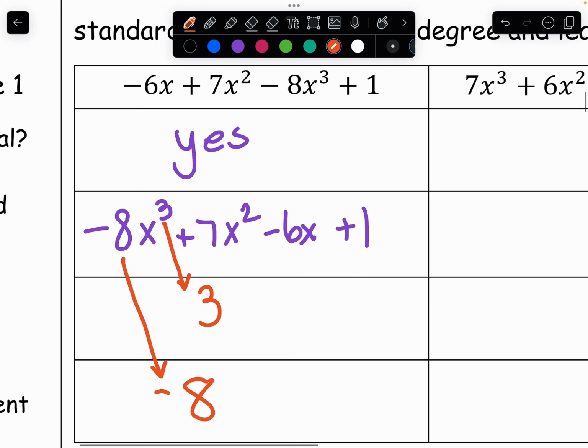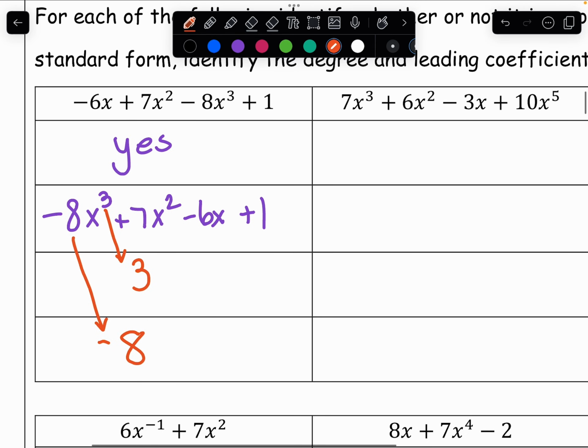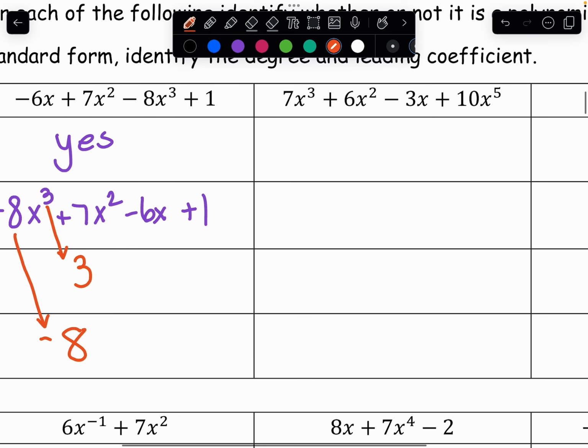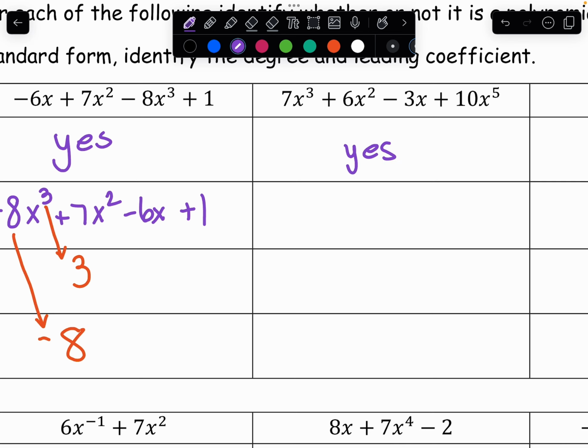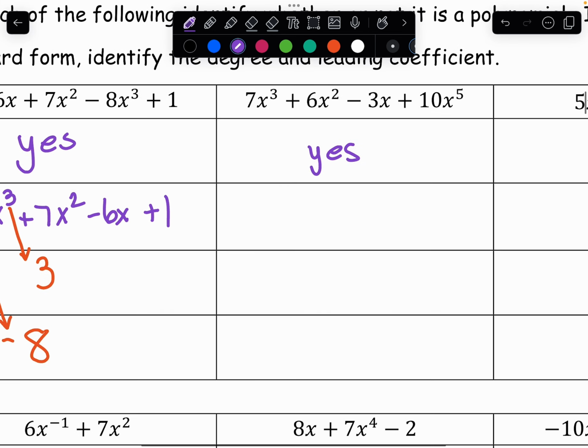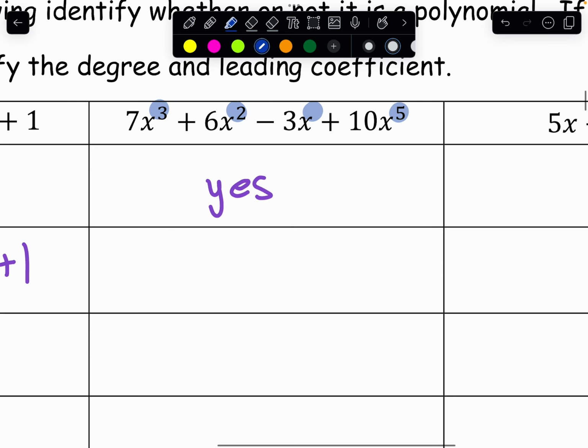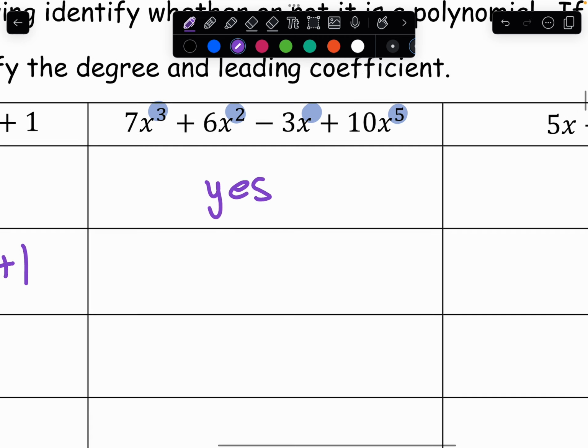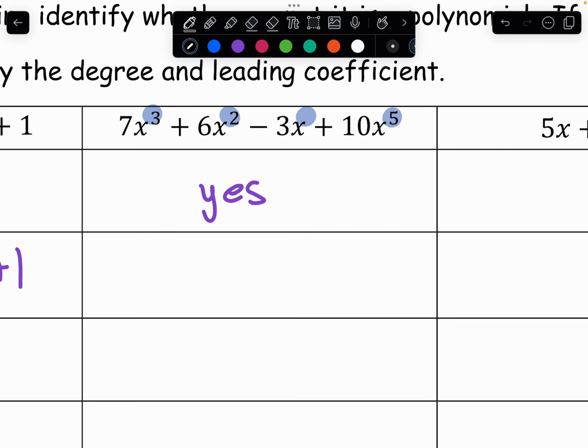They all come from that standard form. That's a big place where people make mistakes, is forgetting to rewrite it in standard form. Now our next one is also a polynomial. The reason we can tell is looking at our exponents. Are they all positive whole numbers? From here, we're going to rewrite it in standard form, so that's in descending order of our exponents.